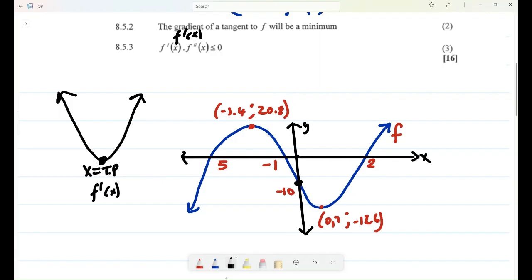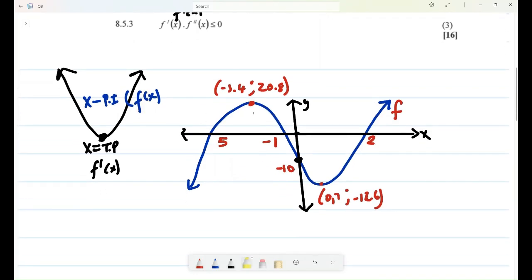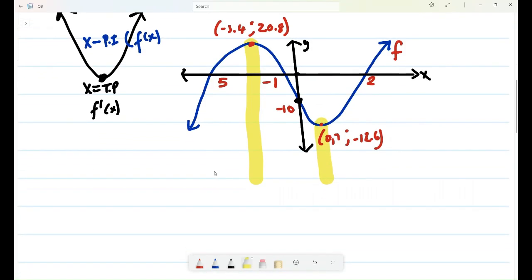We know the x coordinate of the turning point, and we're going to get it from the x coordinate of the point of inflection of the graph of f. Remember, when I derive f of x, its turning points become my x-intercepts of the graph.